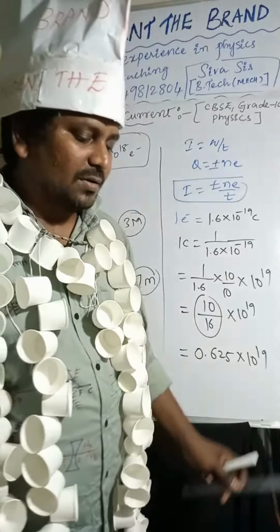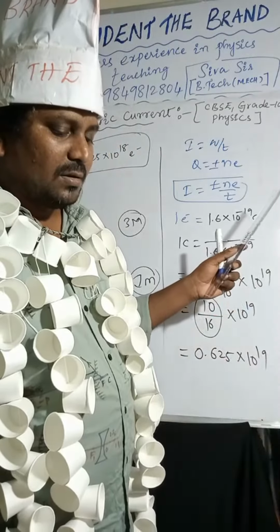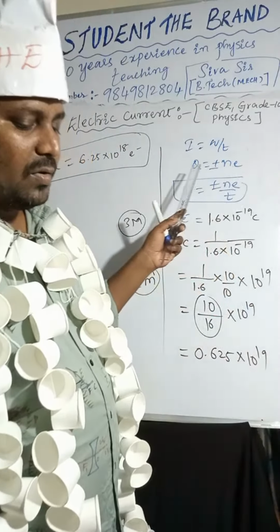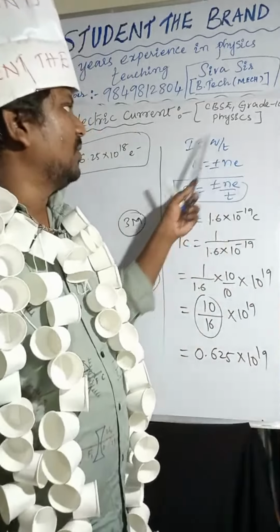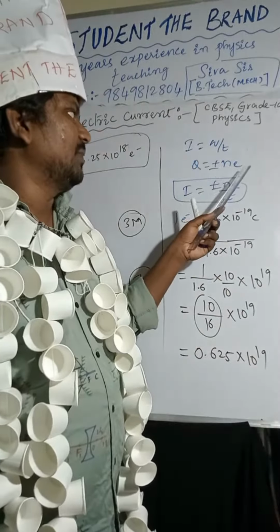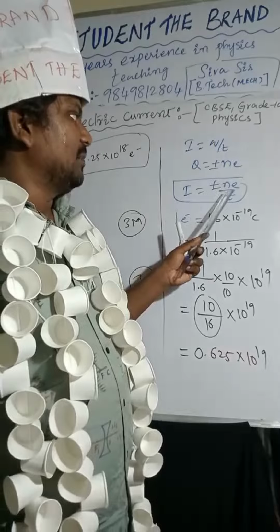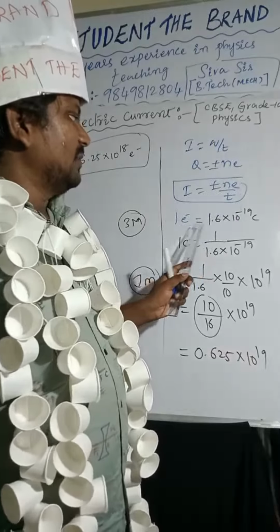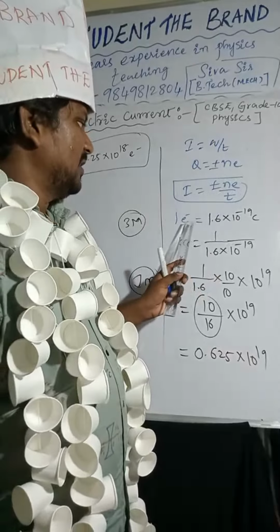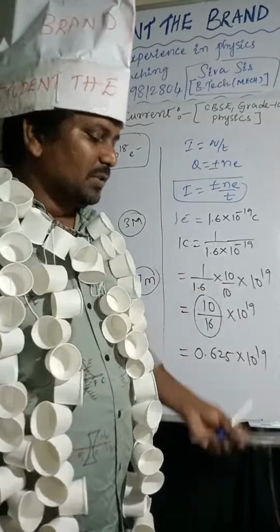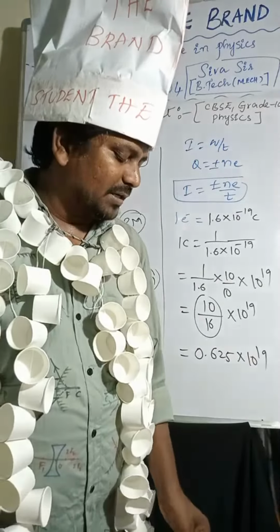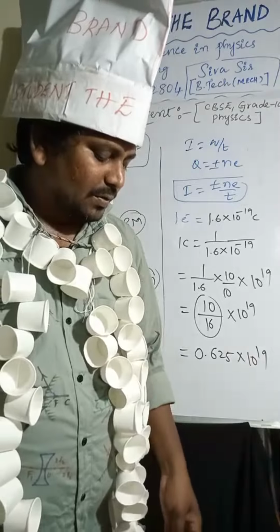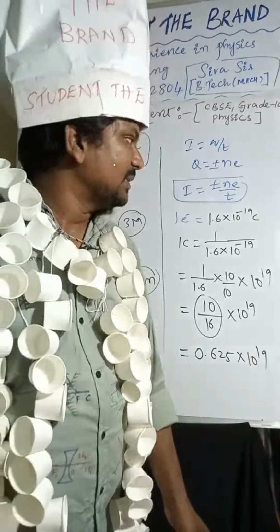I equal to Q by T, Q equal to plus or minus Ne, so I equal to plus or minus Ne by T. On one electron, how much charge is present? 1.6 into 10 power minus 19 coulomb.